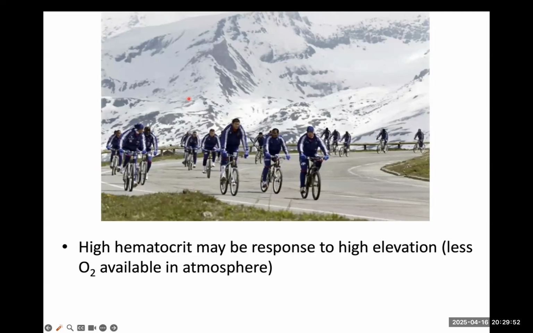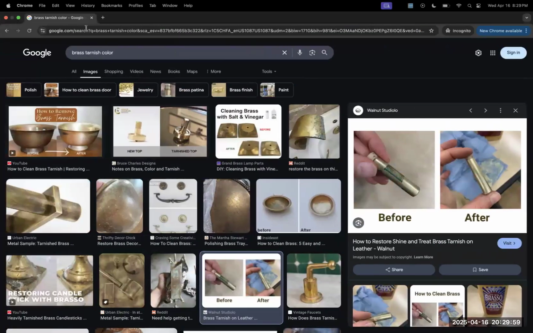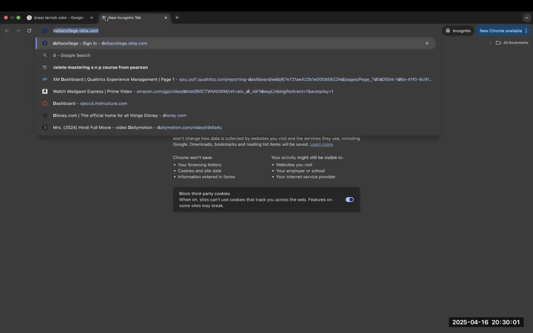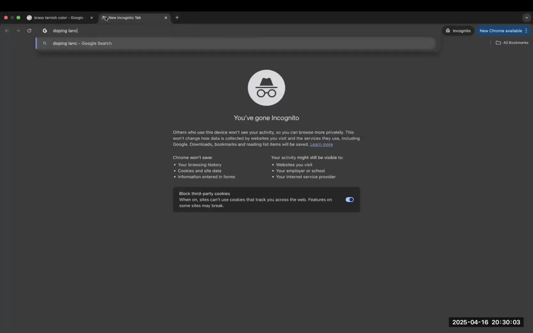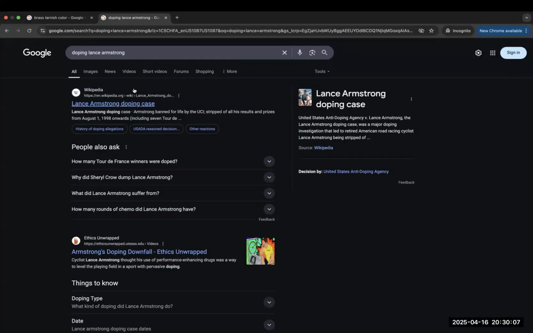The other way to do it is to inject yourself with EPO, or EPO stands for erythropoietin, and I think that's called doping, which reminds me of Lance Armstrong. So he was stripped of all his achievements because he was a bicyclist, and all his medals got stripped because they said he was doping with EPO.